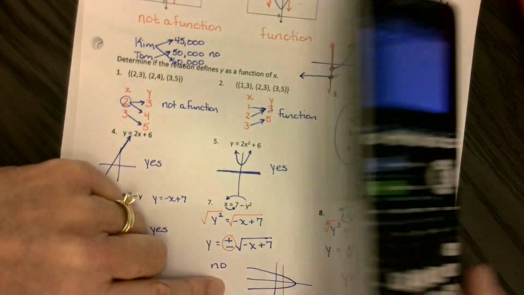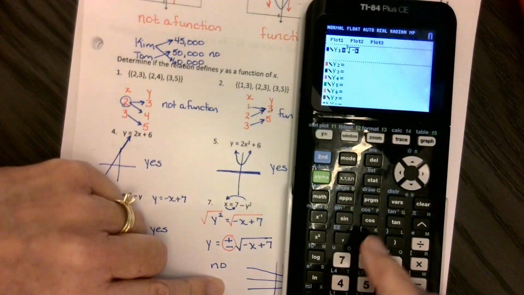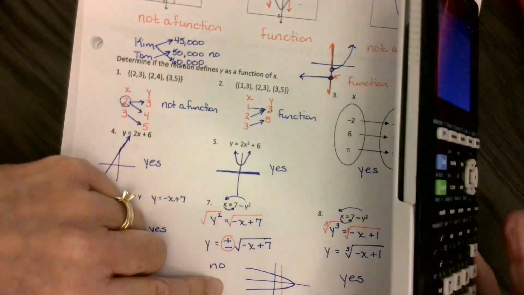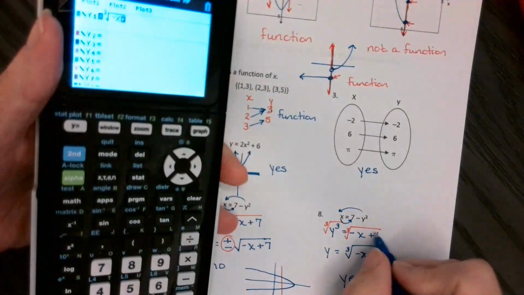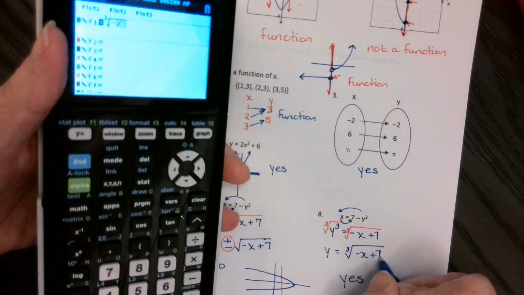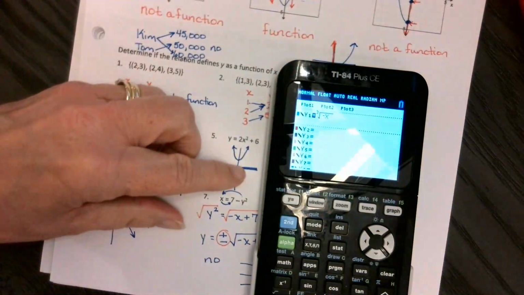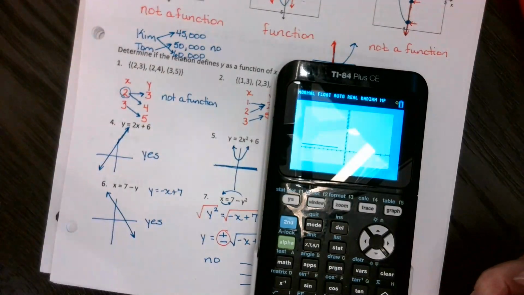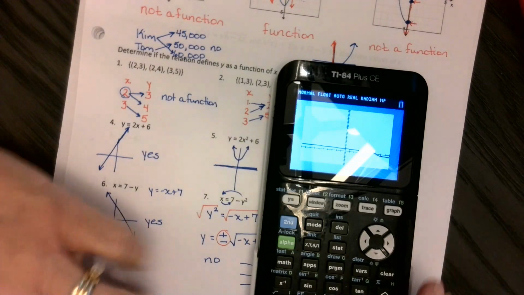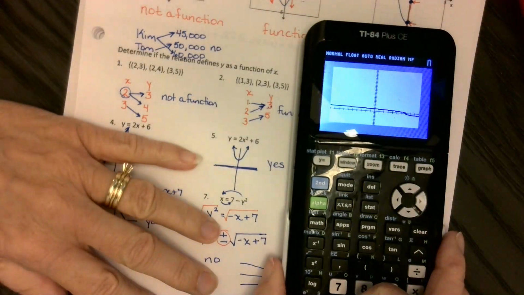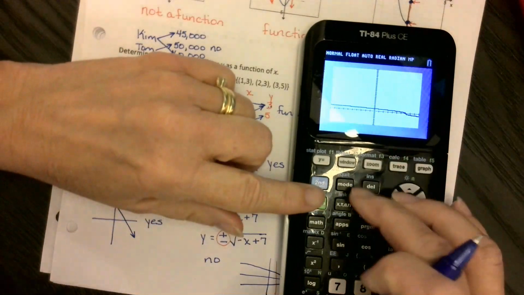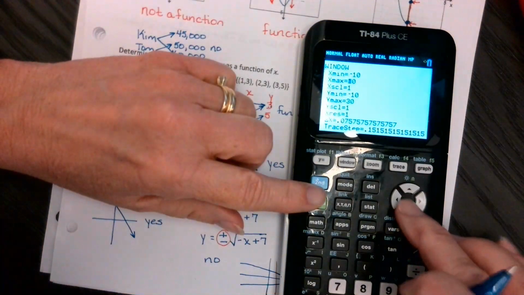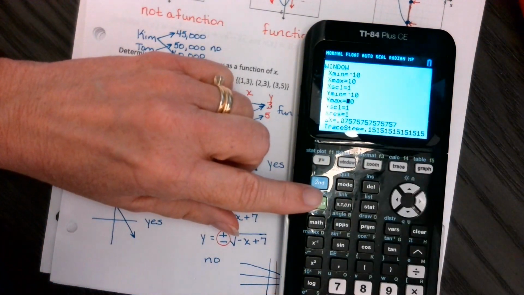And it was negative x, oops, I put plus 1, that is plus 7, so you're not here to correct me. Plus 7. If I hit graph, yeah, it's going to look like that. Okay, and I can make this actually go back to the way it was, 10.